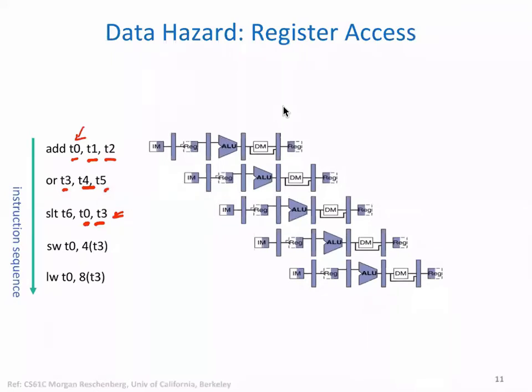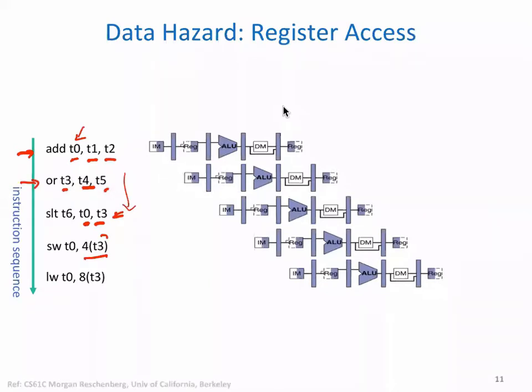The first instruction modifies the contents of T0, and then we are using that in the third instruction. And then we are using T3 in the next instruction, where the memory location is given by 4 added to the contents of T3, which gives a memory address. That value of T3 is coming from the second instruction here.